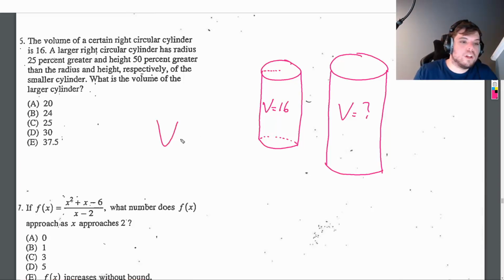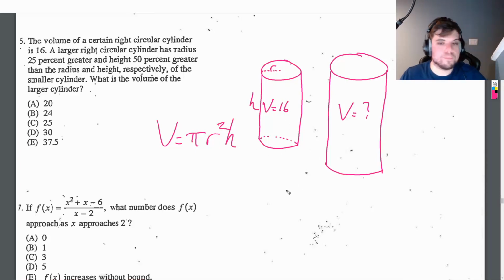So let's say that the volume of this one is pi r squared h, right? So here we have the r and h. We know that this r right here is 25% greater, which means it's 1.25 r.